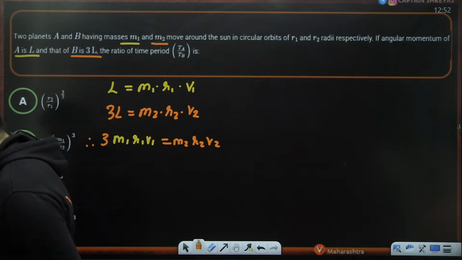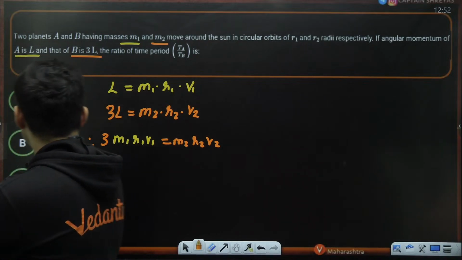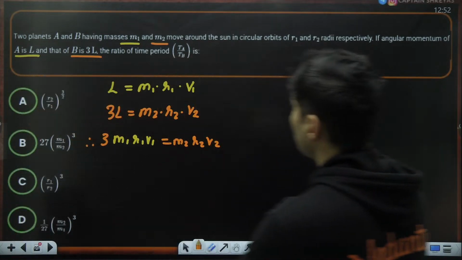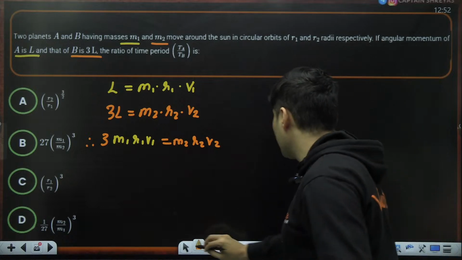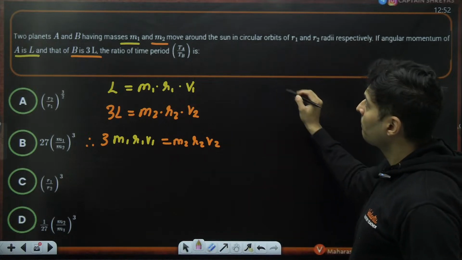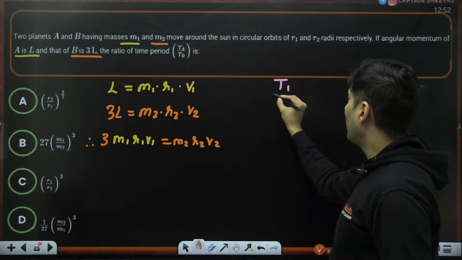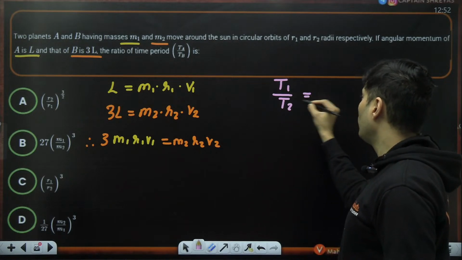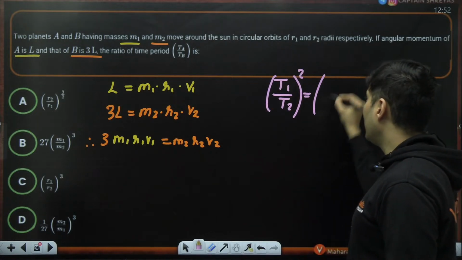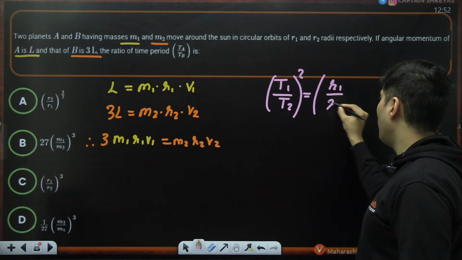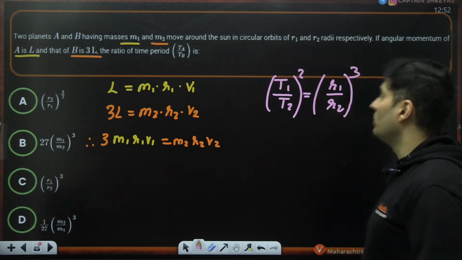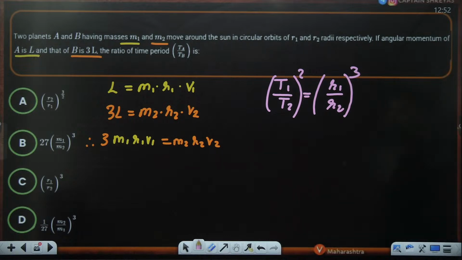Now what else is given? Time periods is asked. So for the time periods, I know T1 and T2, squared, is proportional to R1 by R2 the whole cube.